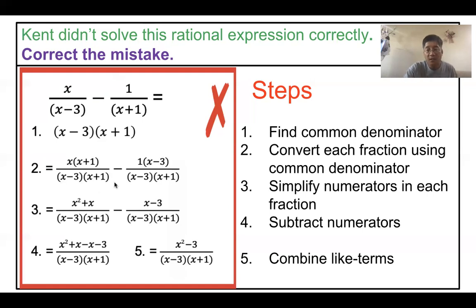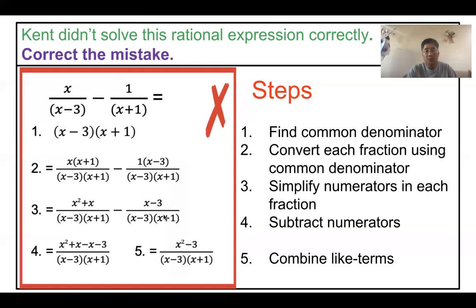Once you have a common denominator, you should now simplify the numerators. So now this is a multiplication. You distribute: x squared plus x. And 1 times x is x, and minus 3, right?